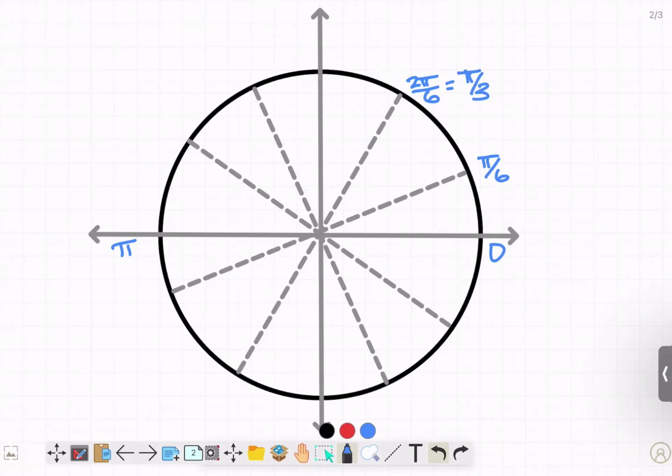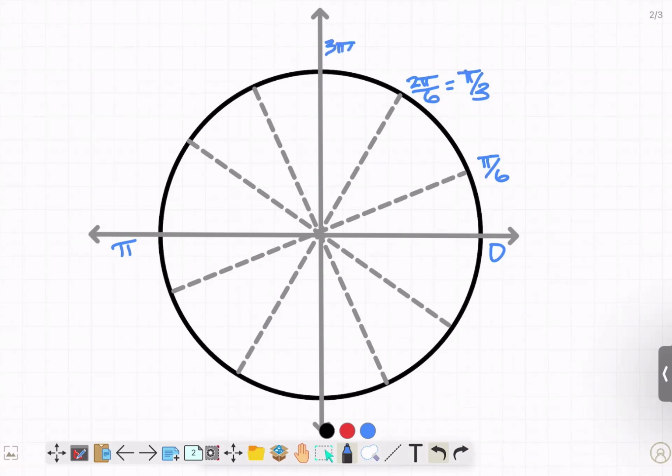So this angle on the unit circle you'll see is pi over 3. And I'm going to count all the rest of them out and then go back and simplify at the end. So try to make this less confusing. All right, so we got 1 pi over 6, 2 pi over 6.